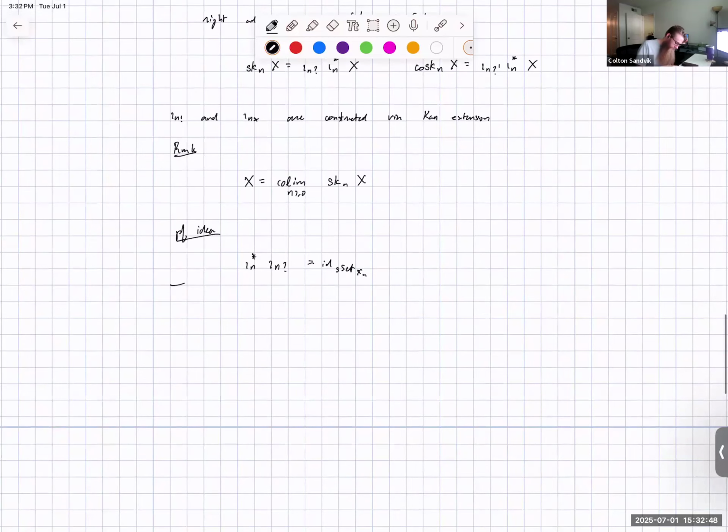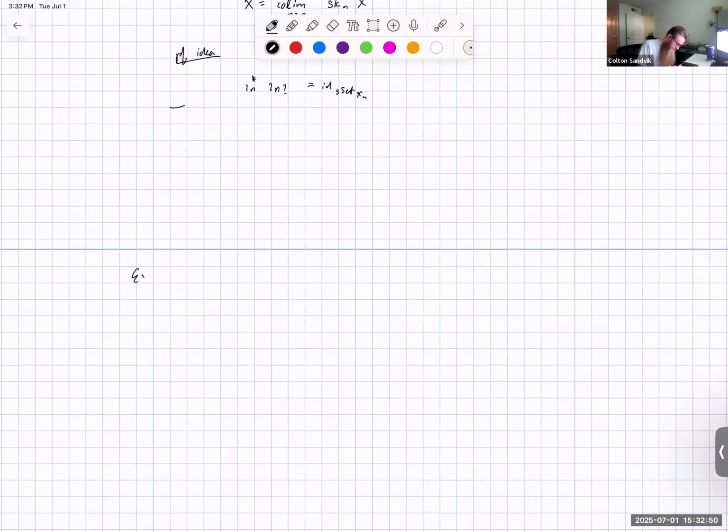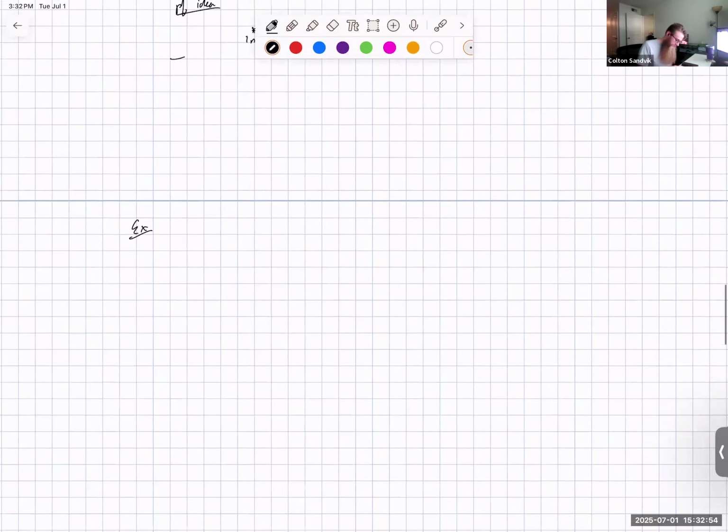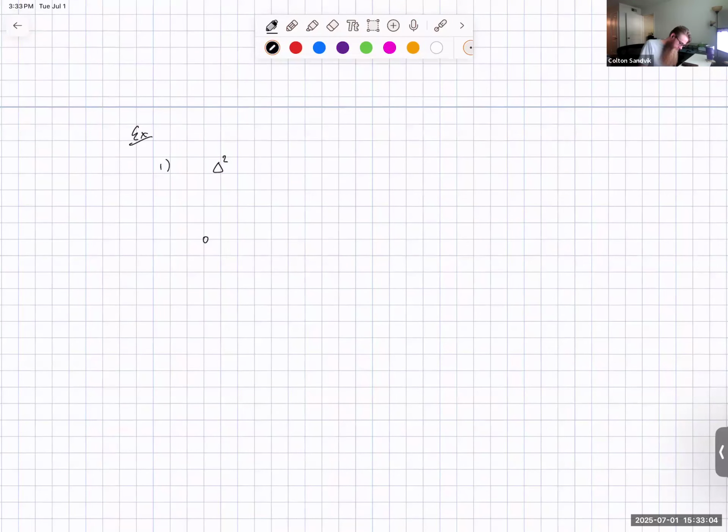Okay, so let's write some examples. I think the most primordial examples we should look at are just, what about an ordinary simplex? So if we look at, say, the two simplex, I'll draw all the non-degenerate faces of it.